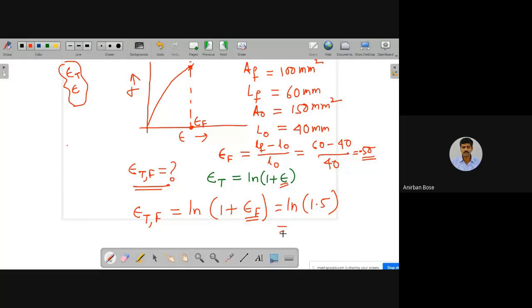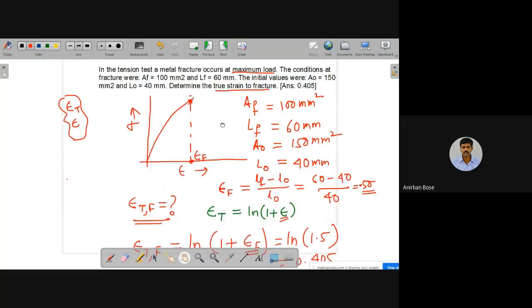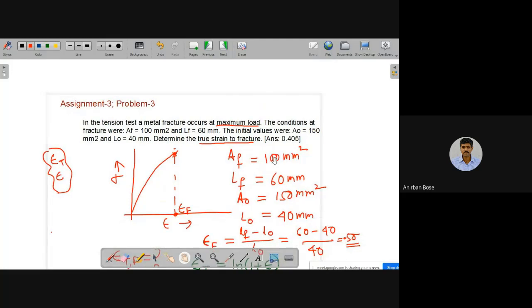Just do the calculation, what you are getting, ln 1.5 is 0.405. So it is coming 0.405. So this is the true strain. I think this one is a simple one. Now let us go to the next problem.